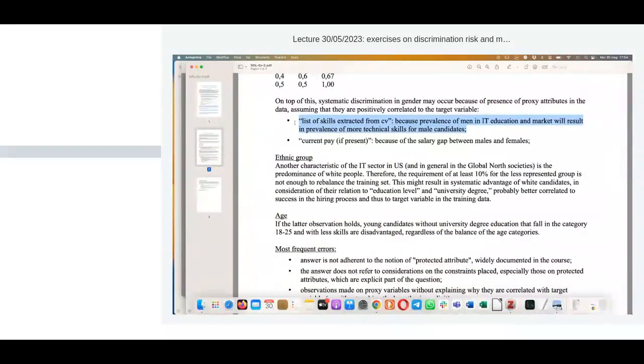It's a risk analysis. So again, under the hypothesis that skills will be a relevant factor for the target variable, we can say that this is correlated to gender through education. This is a possibility. It's a bit weak, but I accepted it as an answer also.